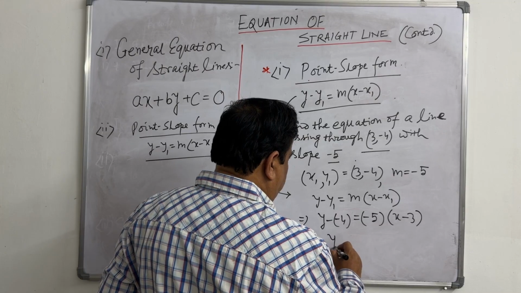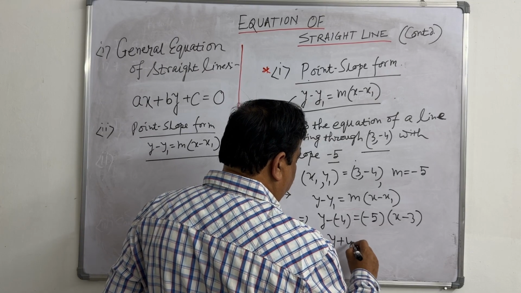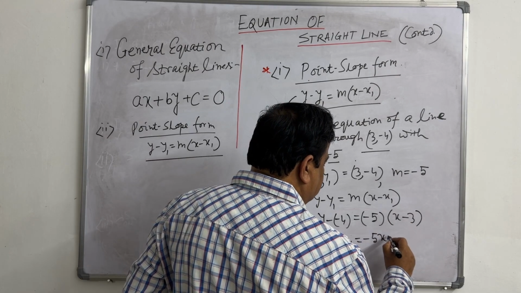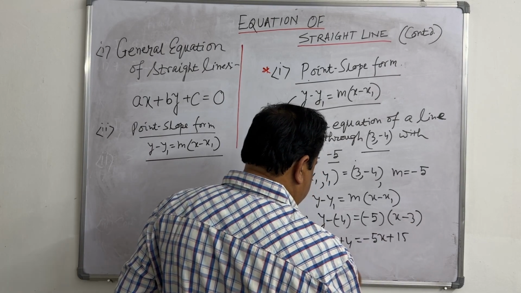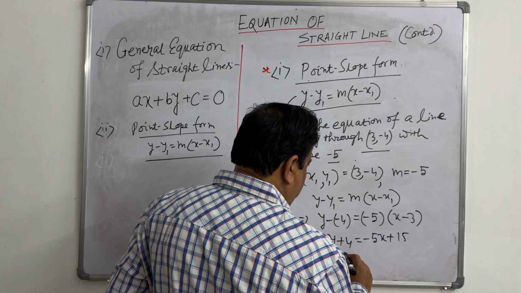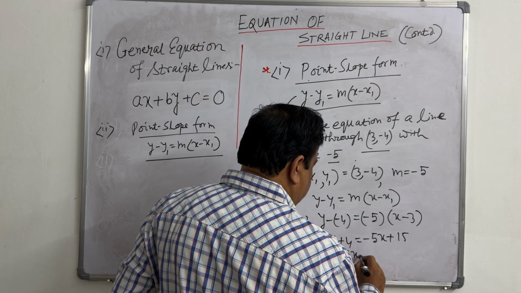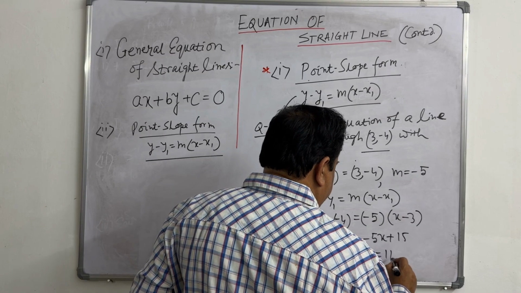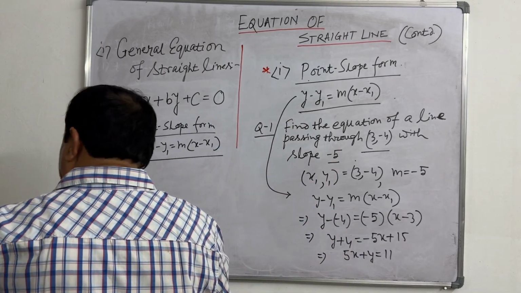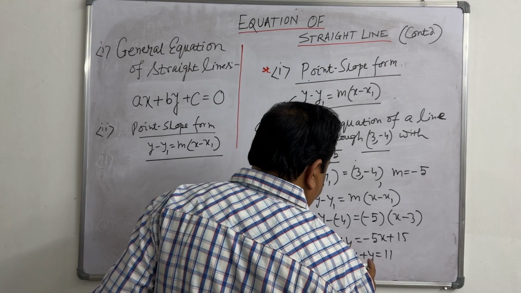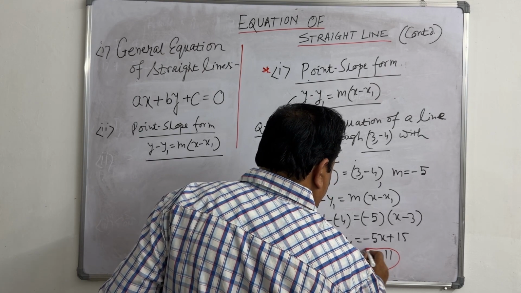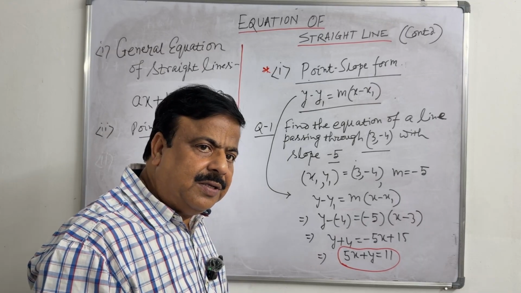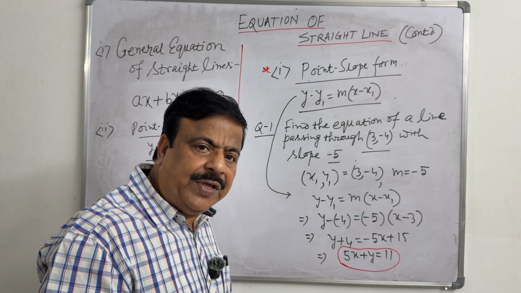Therefore, y plus 4 is equal to minus 5x plus 15. That is 5x plus y is equal to 11. Okay. So this is the required equation. Clear?